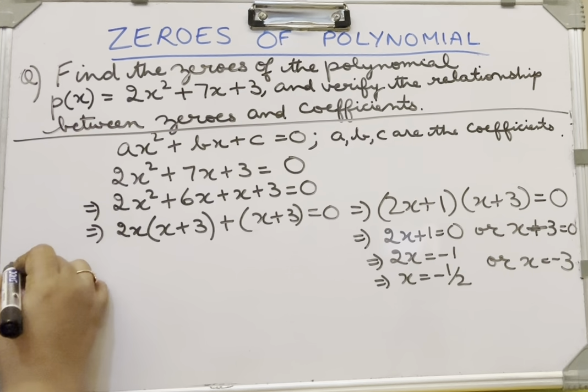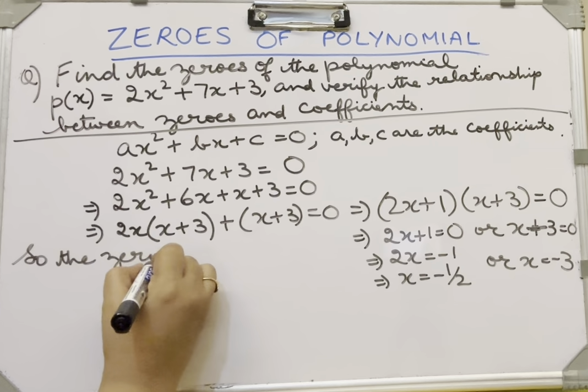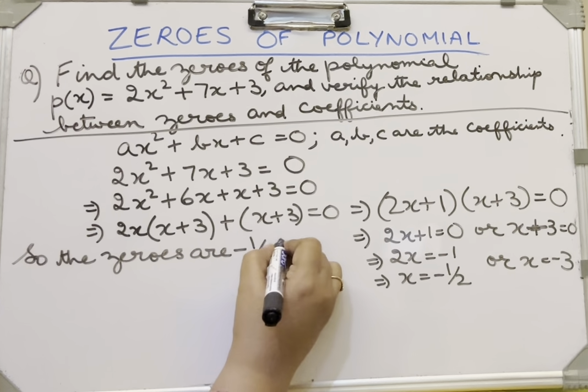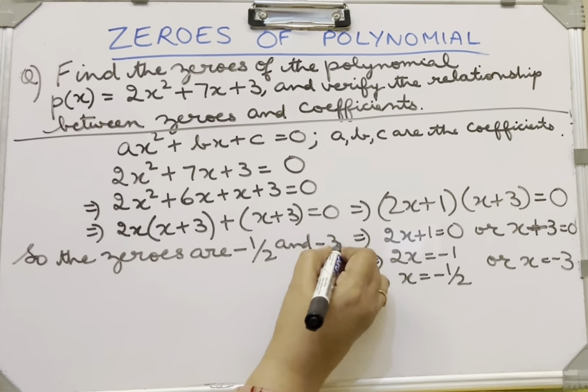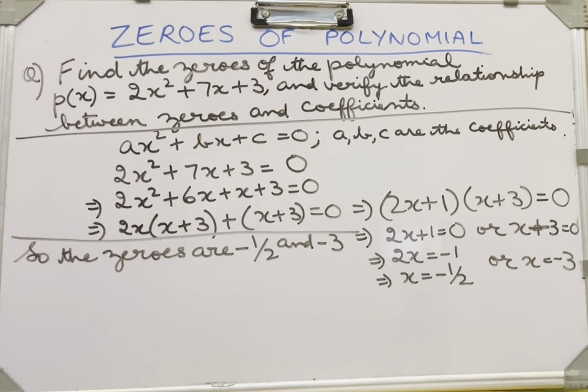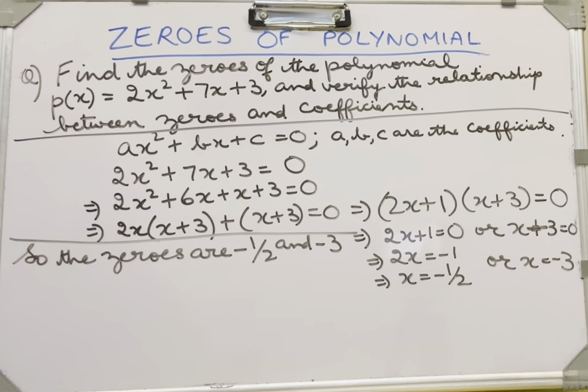So the zeros are minus half and minus 3. I will use a different pen. Just give me a moment. So the zeros are minus half and minus 3.